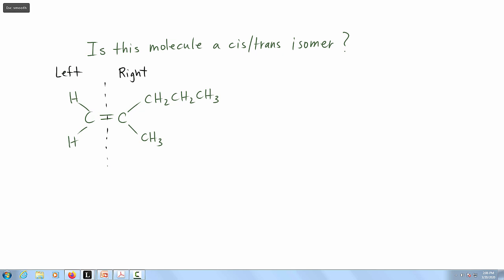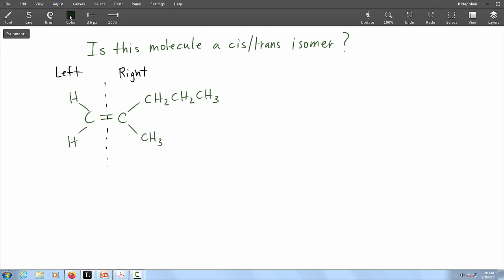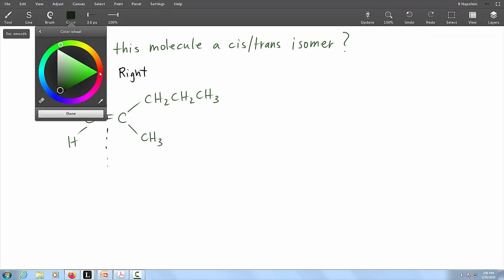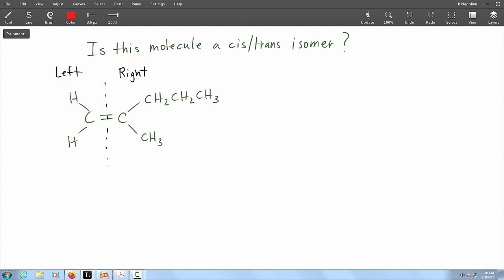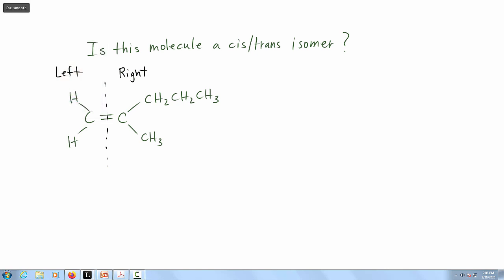Indeed, we can name this. Let's see how we would name it. Okay. Keep in mind our rules that we want the smallest number for the double bond. So we need to go across the double bond from 1 to 2 or 2 to 3 and so on. So this would be 1, 2, 3, 4, 5. Okay. So that would be my longest chain.